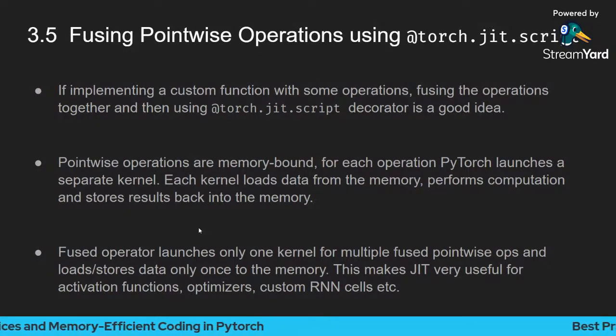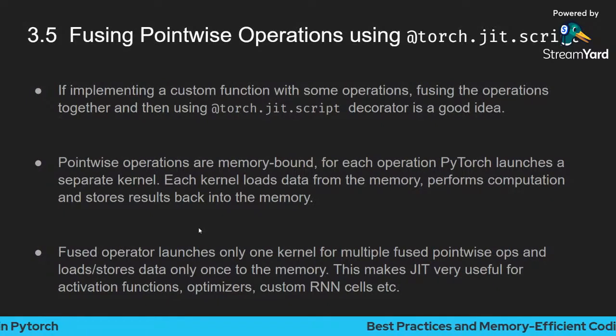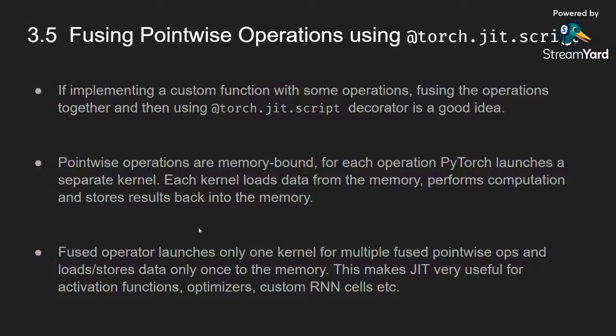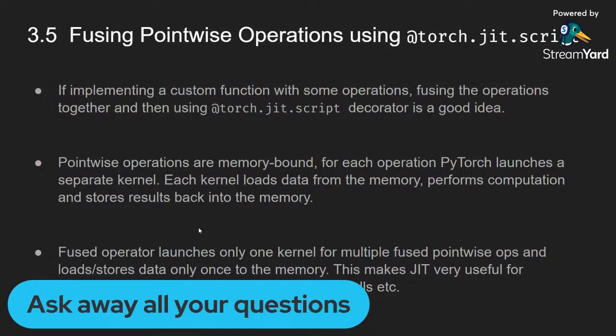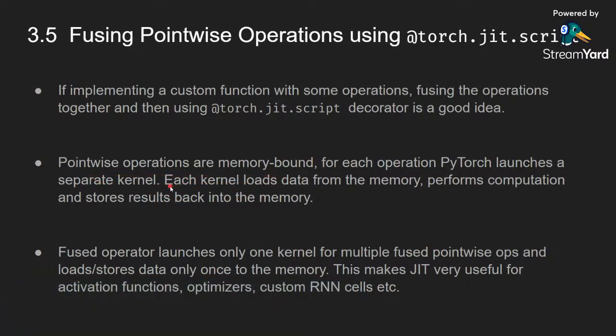So you can have three different variables, or you can perform these operations one by one, not at the same time, which makes the code a bit cleaner. But if you do all these operations in just one single line, which is fusing the pointwise operations, it will be less memory expensive, because the pointwise operations are memory bound.